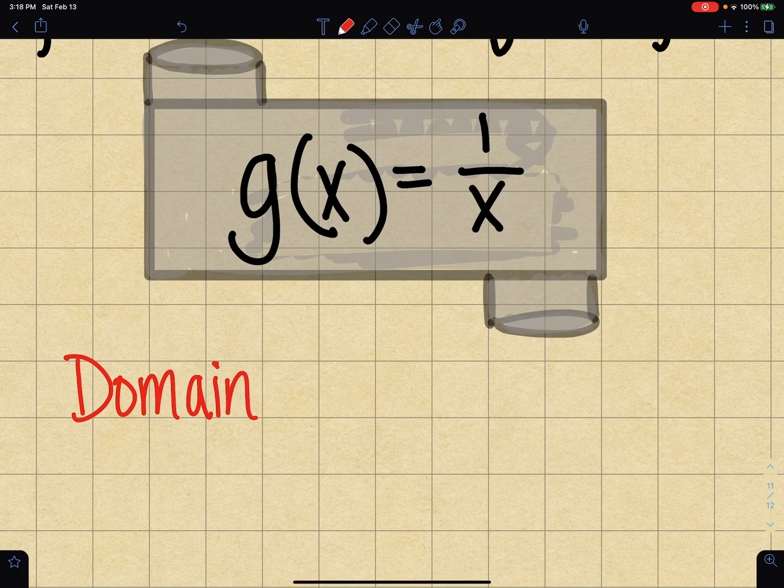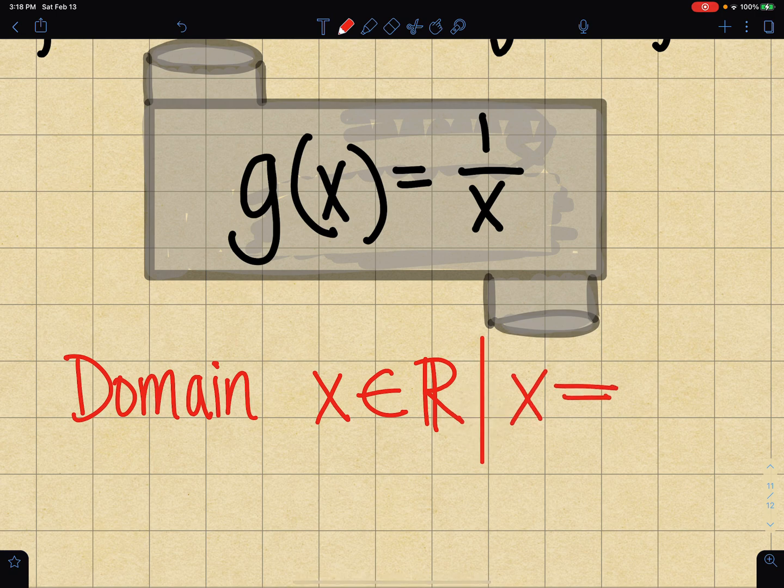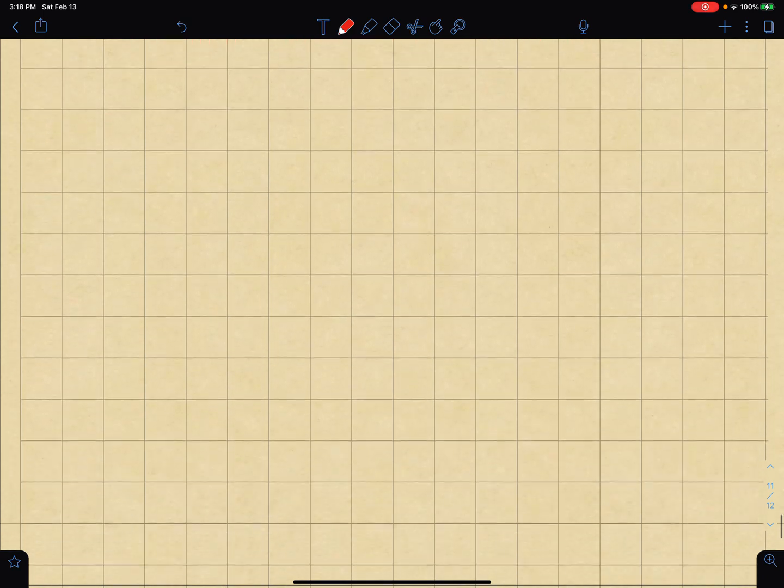So let's see. x is going to include any real number except for, x cannot be equal to 0. But it could be anything else. Any real number, a fraction, a ratio, a decimal, any real number as long as x is not 0. Okay? And guess what? That's it.